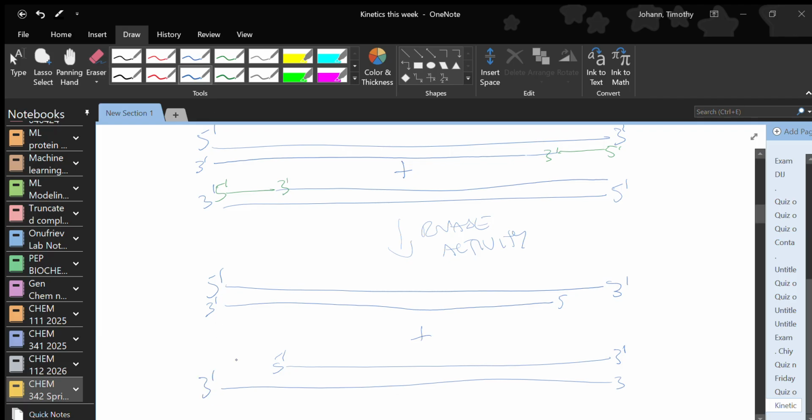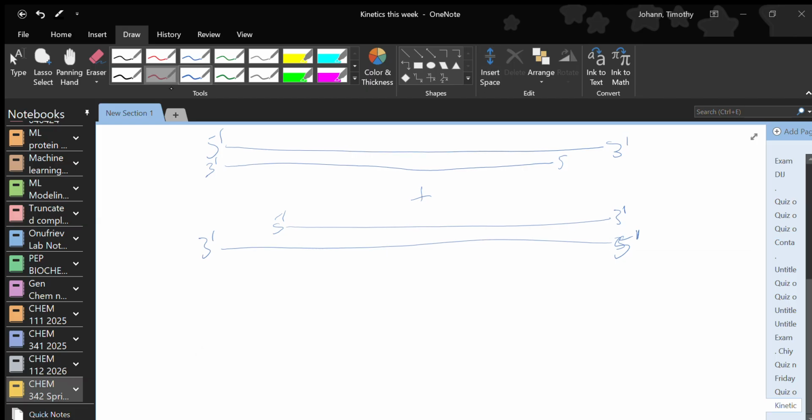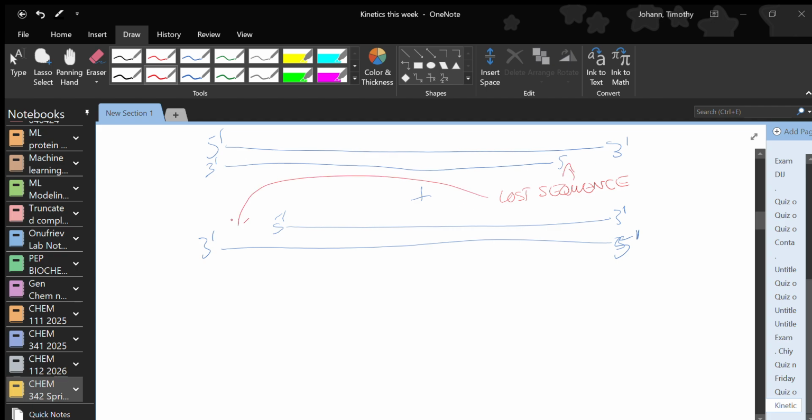DNA is anti-parallel. And so what we have here is we have lost sequence. Then you lose the other side of this. We don't lose the rest of this until the next round of replication.